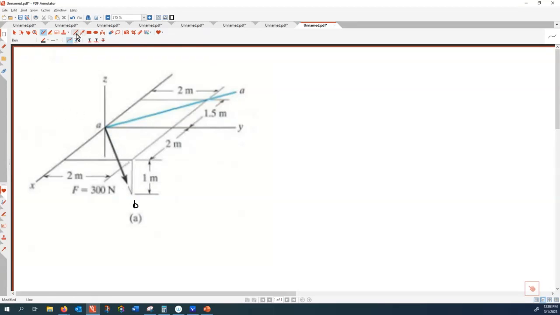So watch me, how do I go from here? That is first 2 meters along the positive y, and then 2 meters along the positive x, and finally minus 1 meter in the z direction.